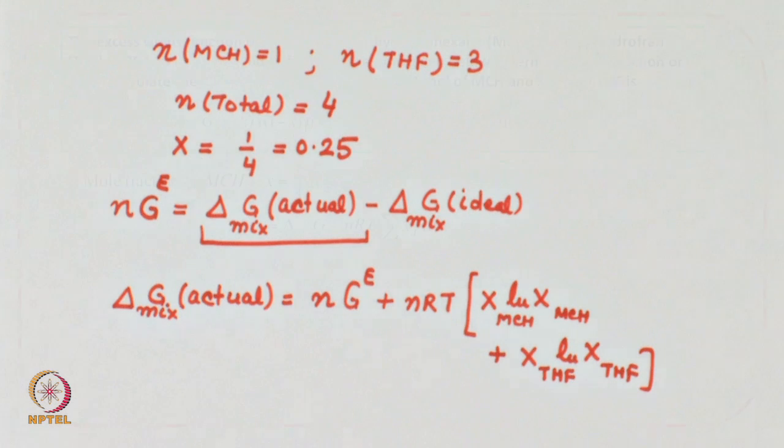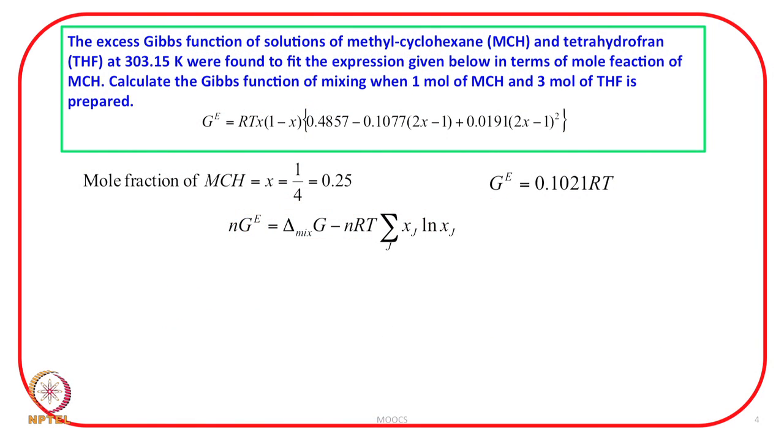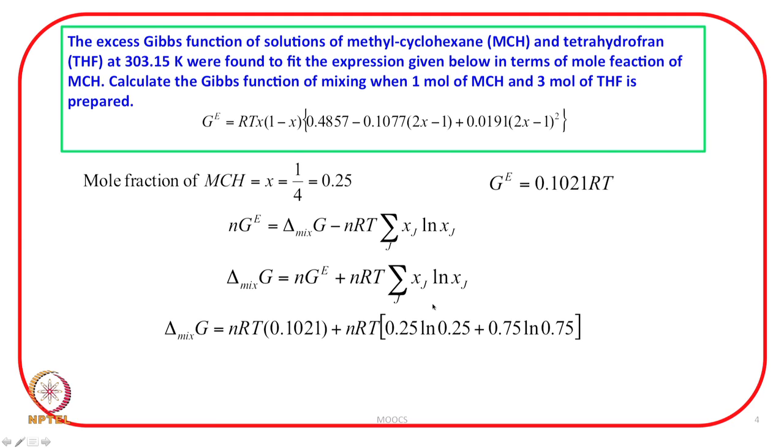Let us go to the slide now. This is what I was discussing, that we can use this general equation for excess function. N is to be introduced to account for the total number of moles, is equal to the actual experimentally determined delta G mixing minus that for the ideal one, and after substitution we have arrived at this equation. And we know that GE is equal to 0.1021 RT.